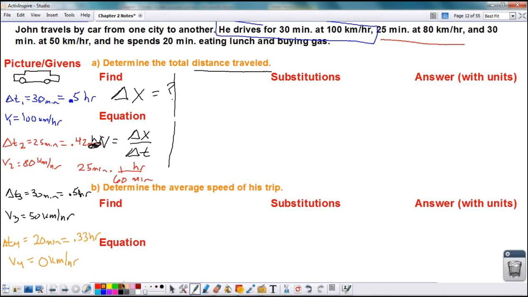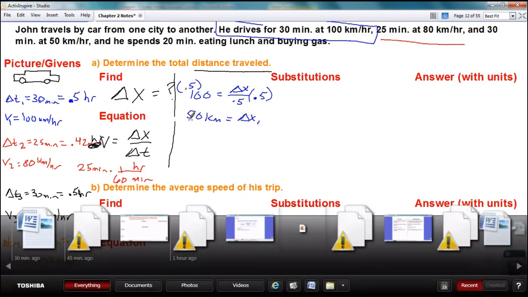Okay, now we are ready to solve the problem. So now we've got 100 is equal to the distance over half an hour, and the hours will cancel this time. Multiply both sides by 1/2. 0.5 times 100 is 50. So in part 1, John went 50 kilometers.